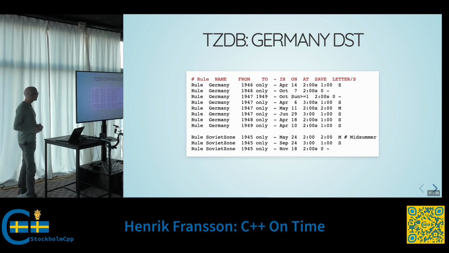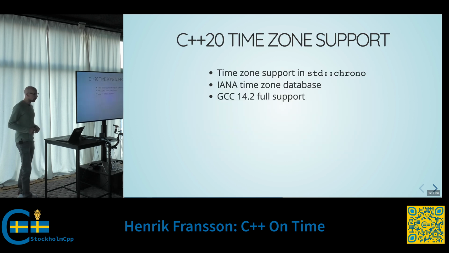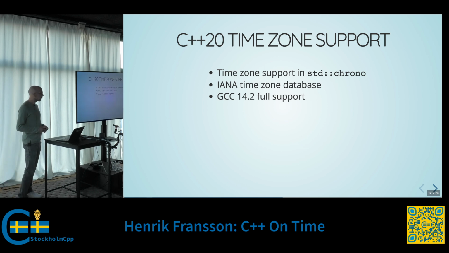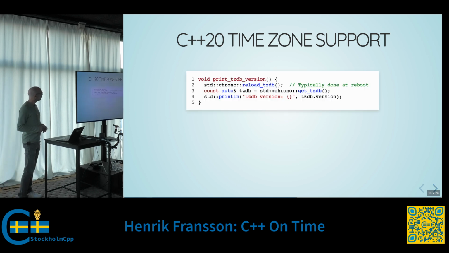How can you then use time zones in C++? The std::chrono library added time zones in C++20, and it is using the database I just showed you. And you need to use GCC 14.2 or later to actually have support for it. And you can use it like this.